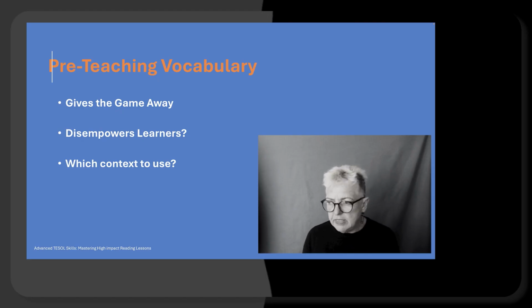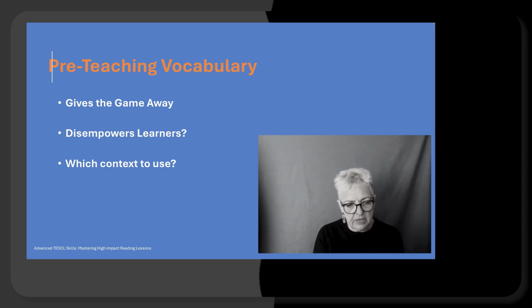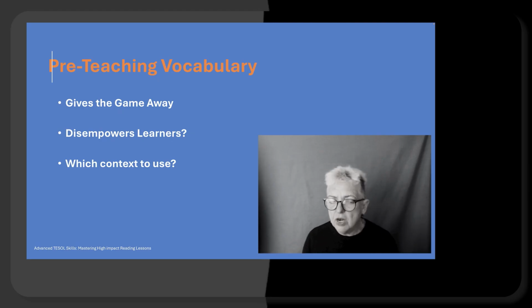So if your reading is about crime and you've got the vocabulary, you need to use the context of the reading, ideally, but many teachers switch the context to teach the vocabulary in order not to give the game away. But if you think about it, that doubles the load for the student. They're having to learn the language in one context, which they're going to transfer to another. It's a lot of work.